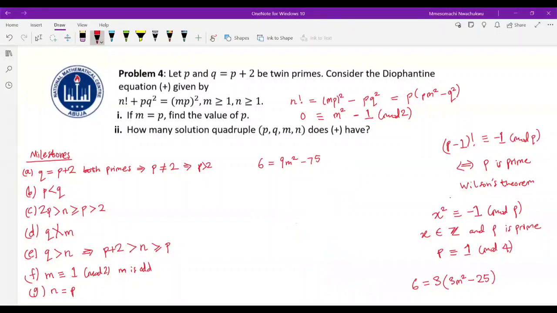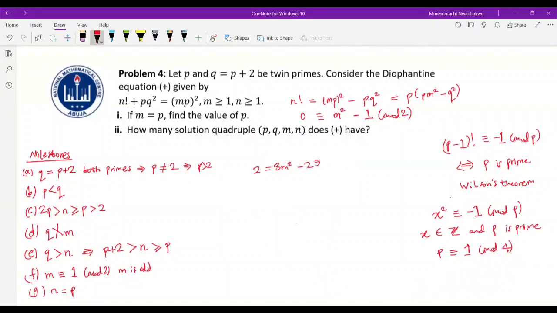And so we have 75 plus 6, so alright, we can divide through by 3. So dividing through by 3, we have 2 is equal to 3m squared minus 25. Okay, so that's just an easier way to go about it.